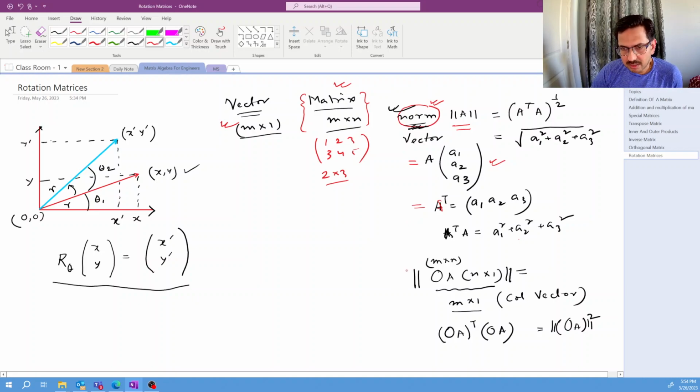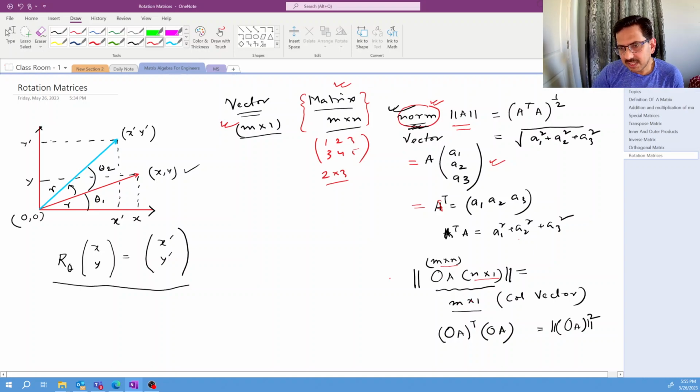And in the previous class when we saw the orthogonal matrix, in this case O is an orthogonal matrix with m by n dimension, and A is a vector with n by n compatible dimension, so we can multiply. When you multiply, what will happen?